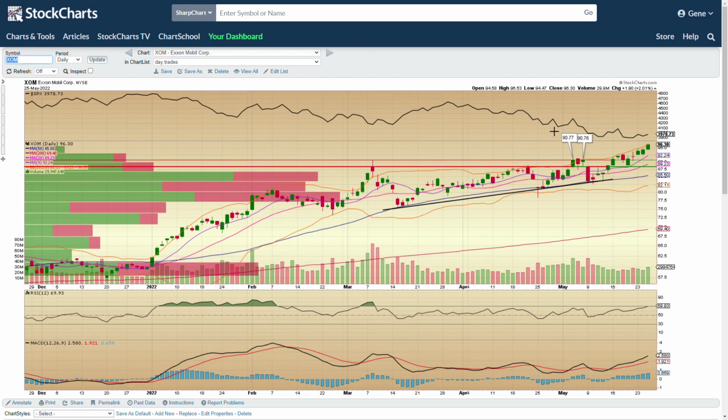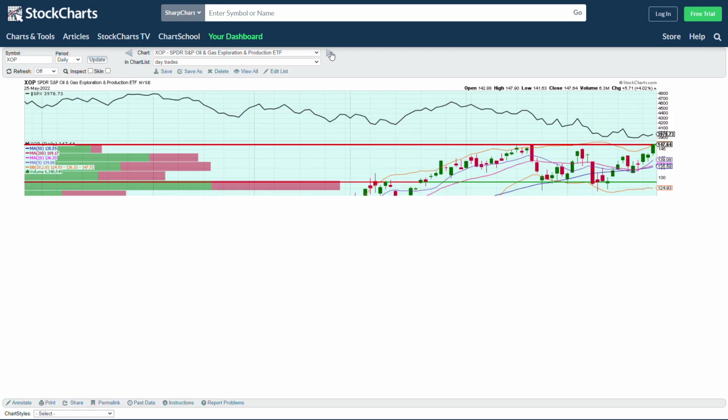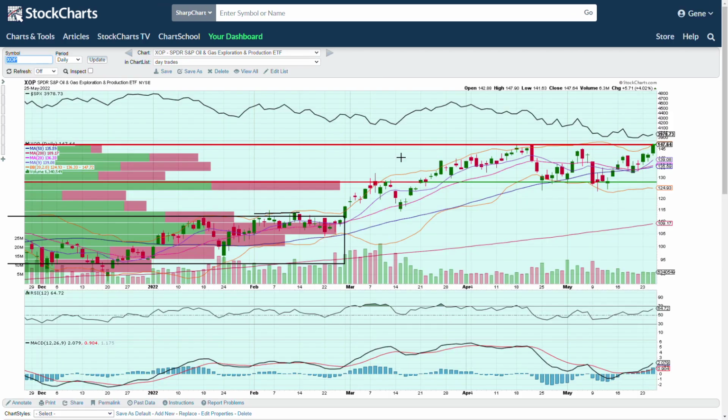Exxon Mobil, this is Exxon Mobil's daily chart. You can see how we have pushed up all week, new highs. Let's see what we do today. And I just added this one. Took it out of the market list. Just noticed that it was a very strong stock right now.